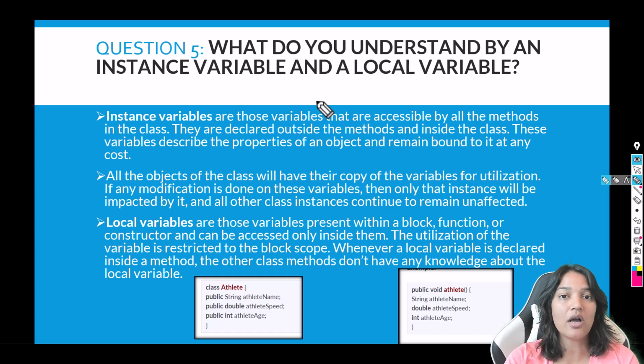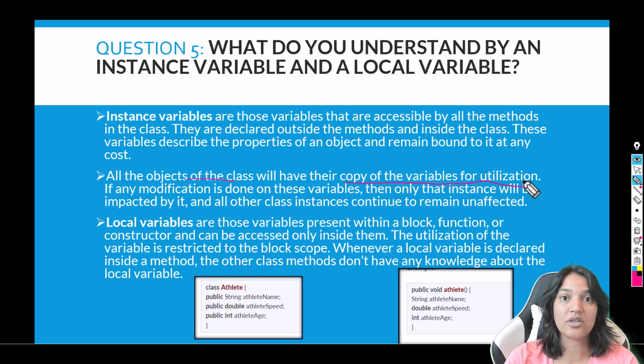Every object will have its own copy of these instance variables, which are directly defined inside the class, within the opening and closing braces of the class, outside of any method. All the objects of the class will have their own copy of these variables.